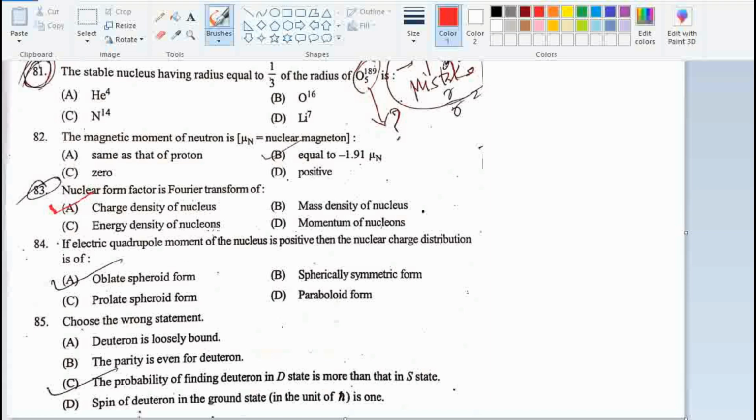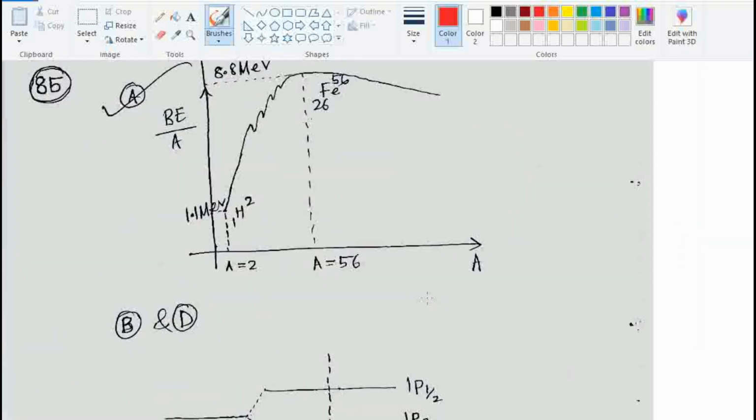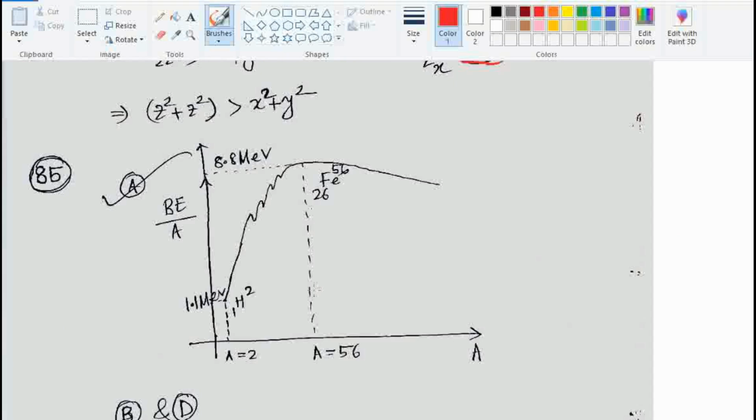In option A, it is given that deuteron is loosely bound. This is the correct statement, because if you see the binding energy per nucleon curve, in that curve the deuteron is at the beginning. That means this is the least bound nucleus in the whole series, whose binding energy per nucleon is 1.1.